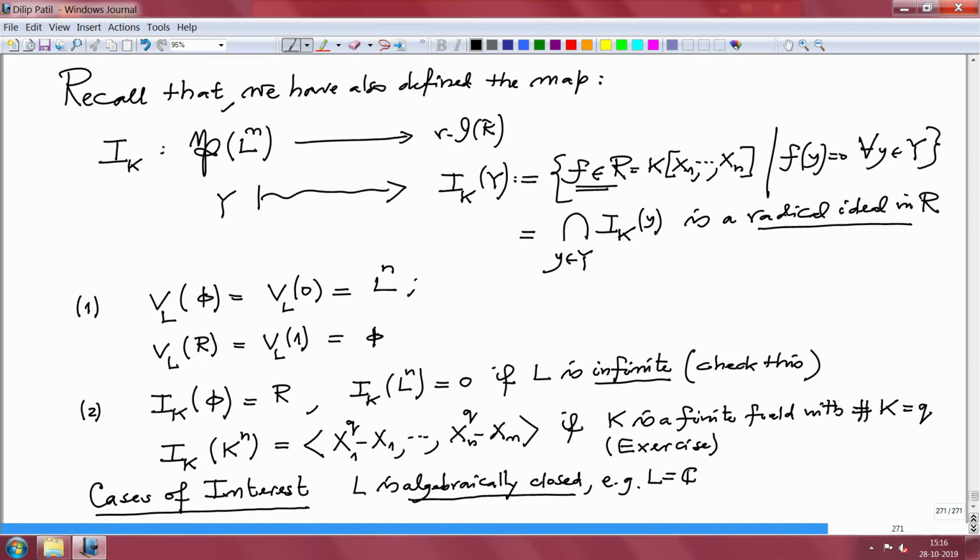This is algebraically closed, a very celebrated theorem proved by Gauss. So we are typically interested in L over K where the upper field is algebraically closed. Particularly we are interested in L equal to the algebraic closure of K, denoted K bar.